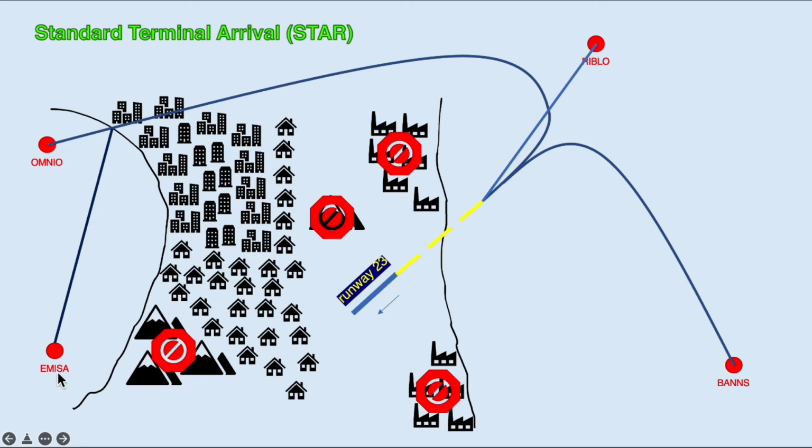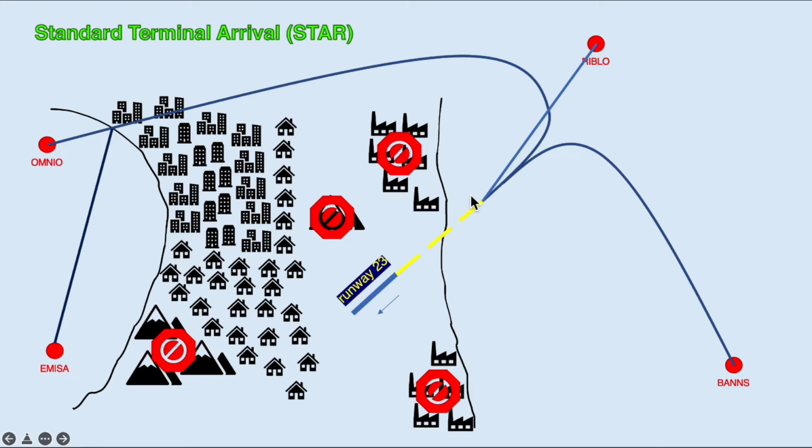And that would be the standard terminal arrival procedure. If you come from EMISA or Omni, you just come over here and then do this path in order to arrive to the ILS. If you come from Riblo, it's super easy, and if you come from Bands, it's easy as well. Of course, you need to remember that the altitude here is descending.